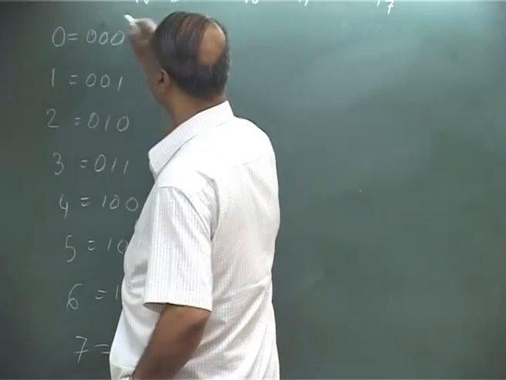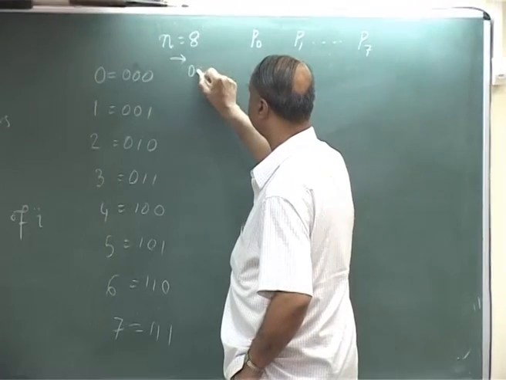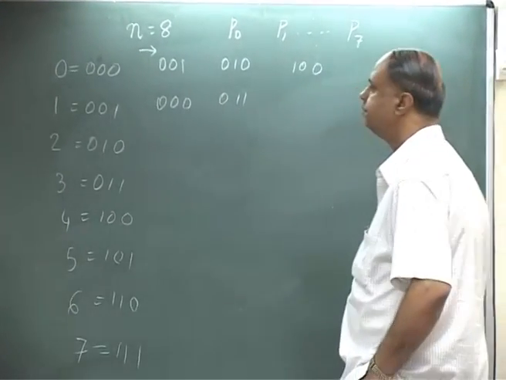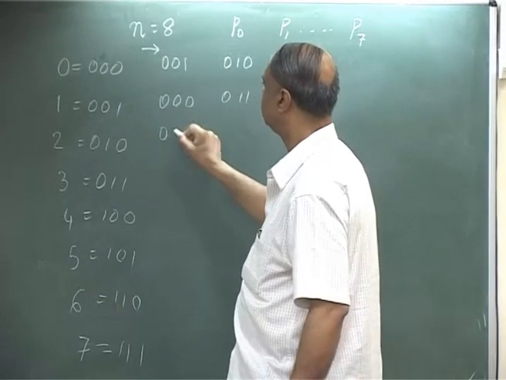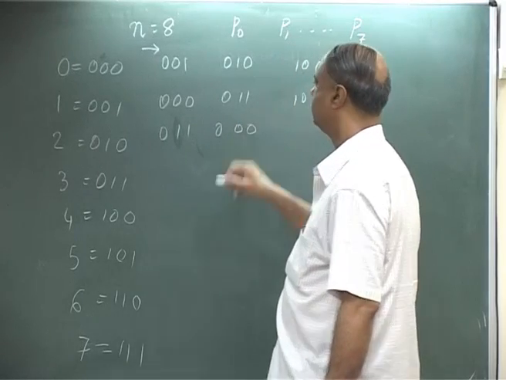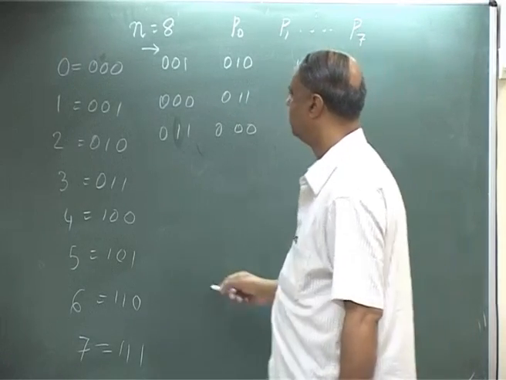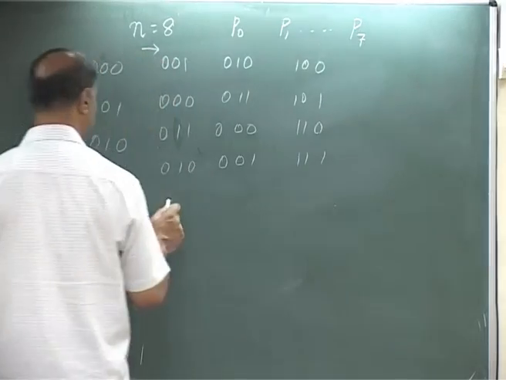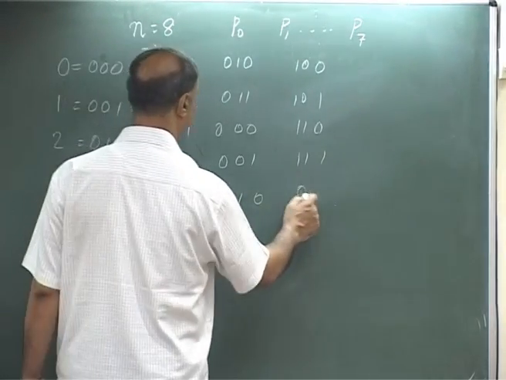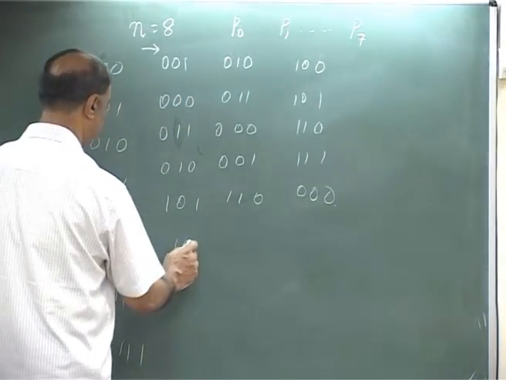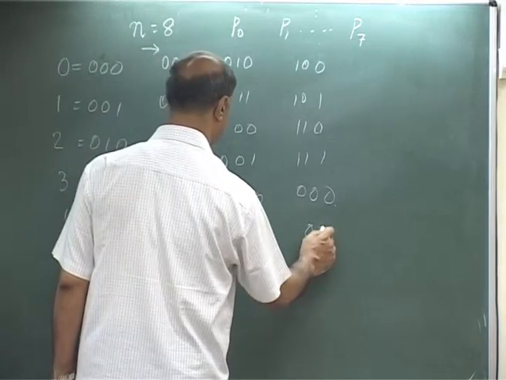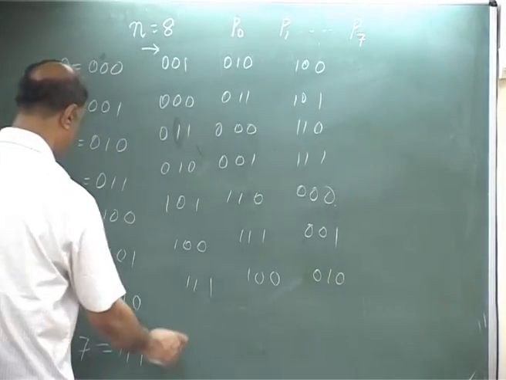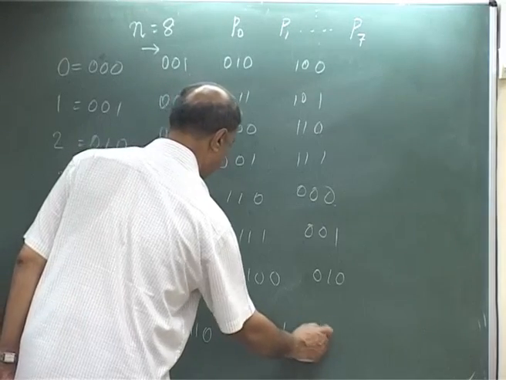Now P0 is connected by inverting each bit, giving 001, 010, and 100.